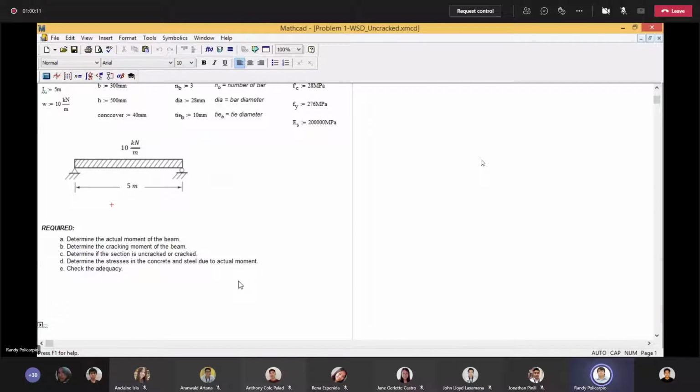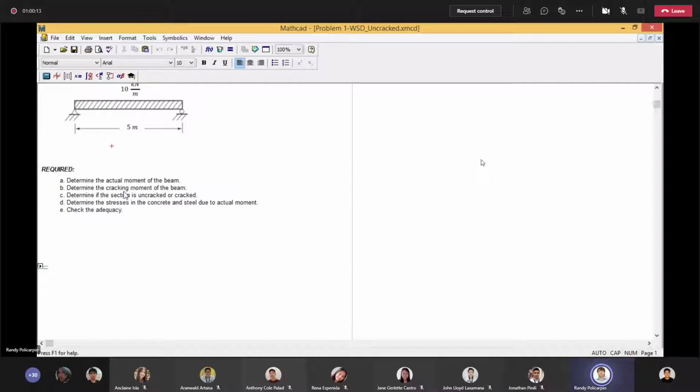So what is required in the problem? Determine the actual moment of the beam. Determine the cracking moment of the beam. Determine if the section is uncracked or cracked. Determine the stresses in the concrete and in the steel due to actual moment. And then you check the adequacy.